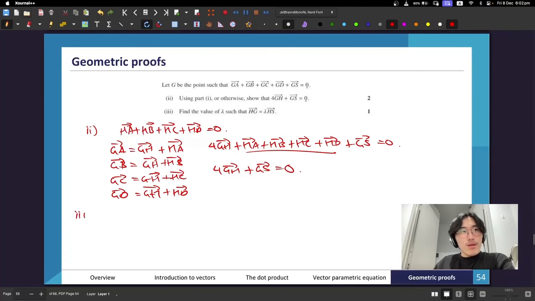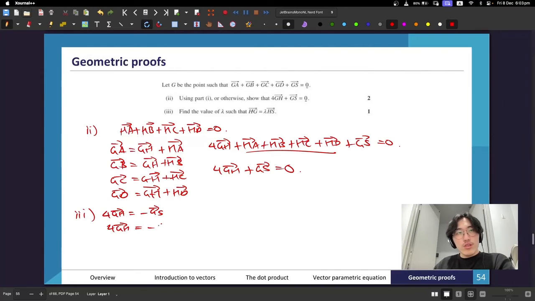Okay. Now part 3 is a 1 marker. So again, let's try not to think too deeply about 1 markers. It should be fairly obvious how to think of it. So 4GH equals negative GS. Now we want to redefine GS to use HG and to use HS.